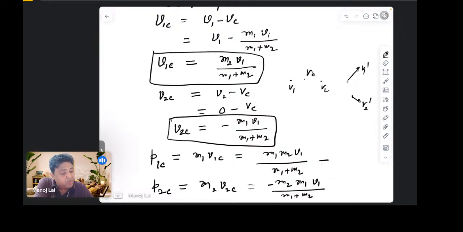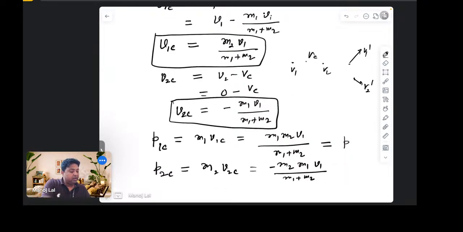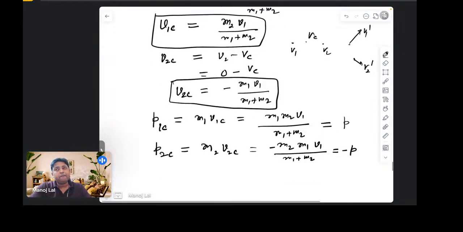So if I say this is P, then this will be minus P. In the center of mass frame, particle 1 has momentum P and particle 2 has momentum minus P.